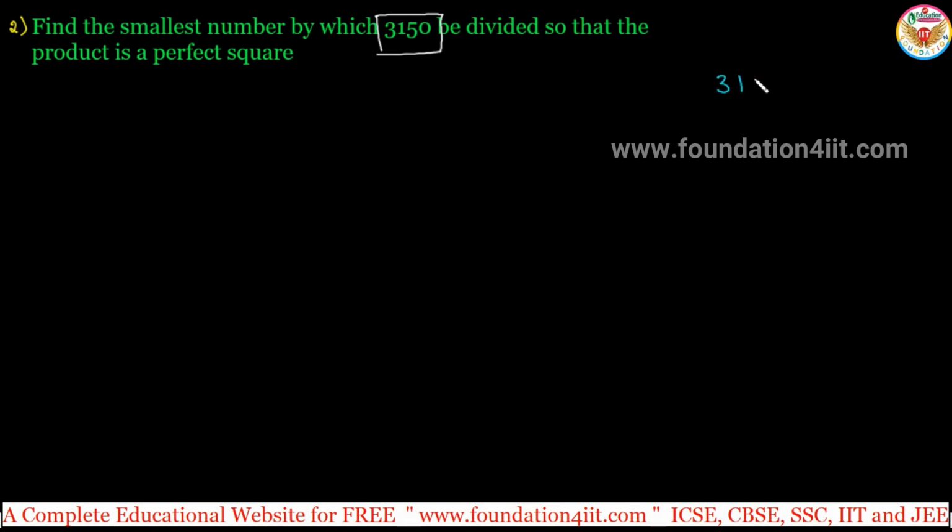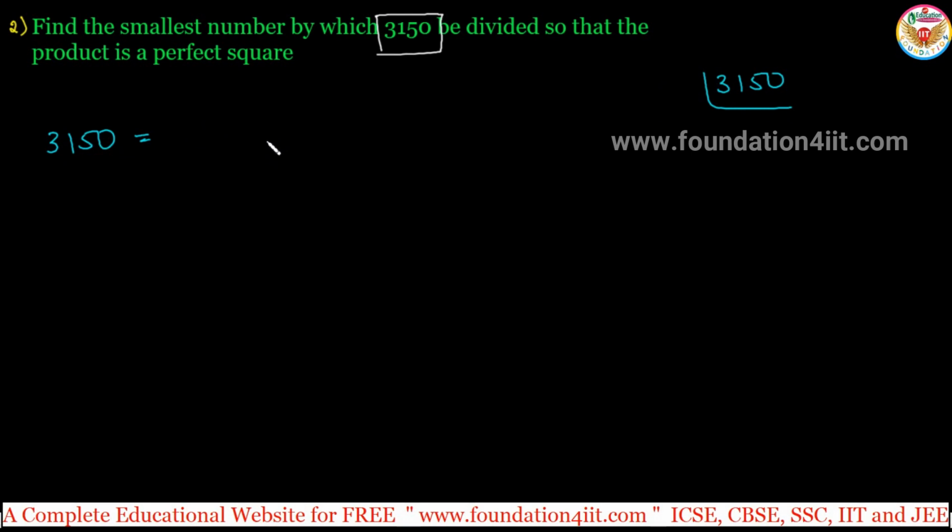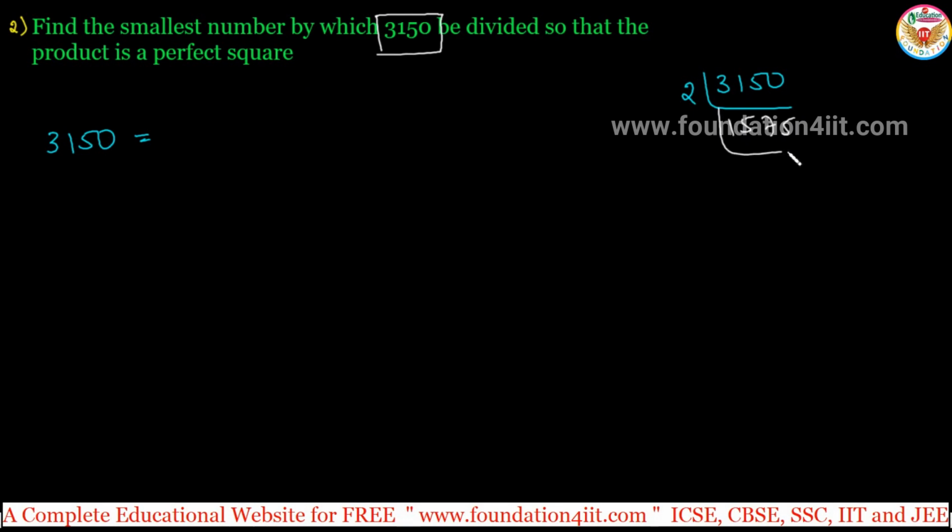Same process: we'll use the prime factorization method to find the product of prime factors. 3150 is equal to which prime numbers? We'll go with the 2 table: 2 1s are 2, 1 carry, 5s are 10, 15, means 7s are 14, again 5. Next, 1 plus 5 is 18.